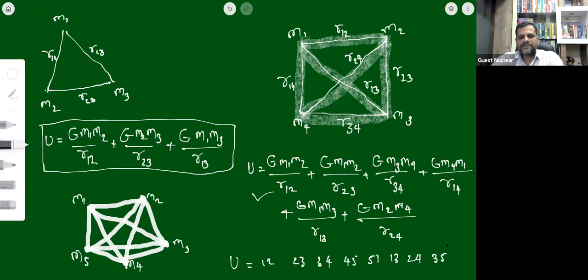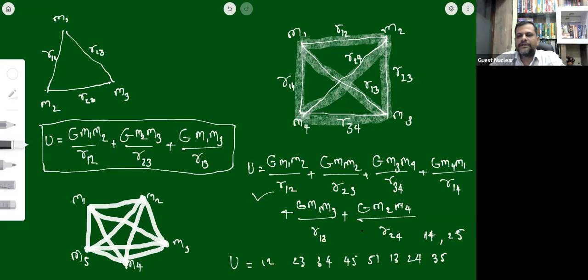Then 1 4 is also there, correct? It is not included anywhere here, so 1 4 is also there, okay. And 2 5 will also be there, correct? 2 5, this is the last pair. So these are the 10 pairs we have got here.